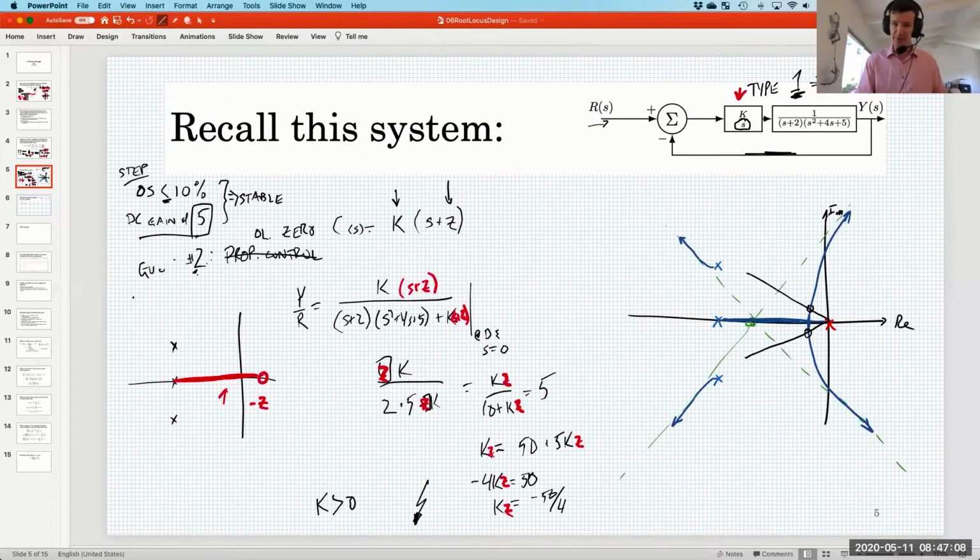You're always looking for the difference of m and n. So therefore, it's going to be 2 asymptotes. That means that they're going to take off at 90 degrees plus and minus.